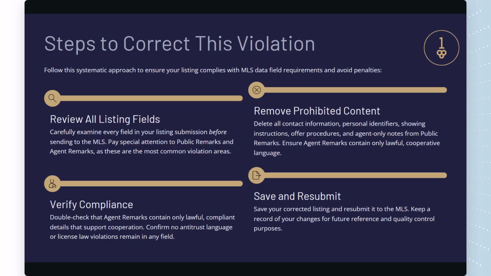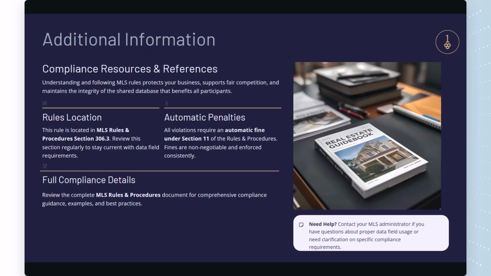Let's also remove any prohibited content, and it could be contact information, personal identifiers, showing instructions, offer procedures, internal notes. Let's also take a look at our agent remarks field and make sure that it only contains lawful, cooperative, compliant language. Once we've done all that, we can go ahead and resubmit our listing. If you have to, keep a record of your changes to help prevent any future issues.